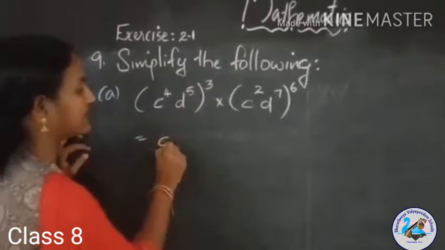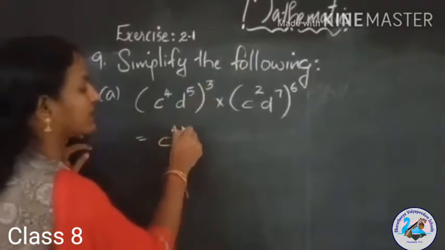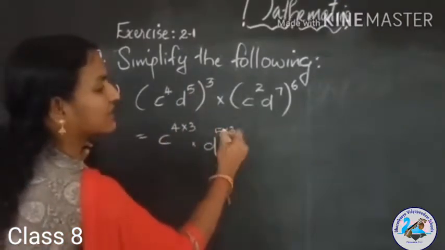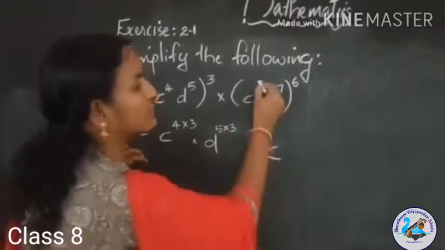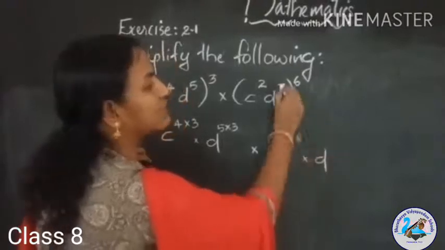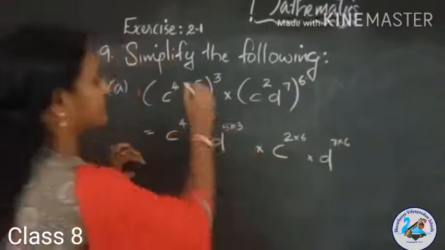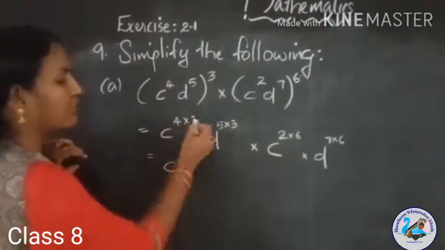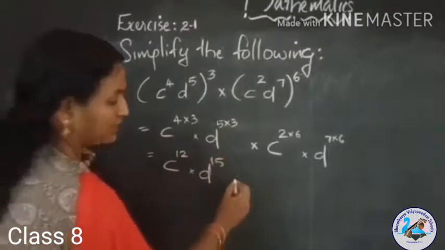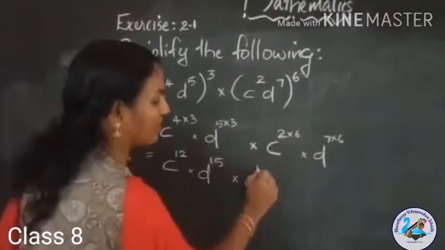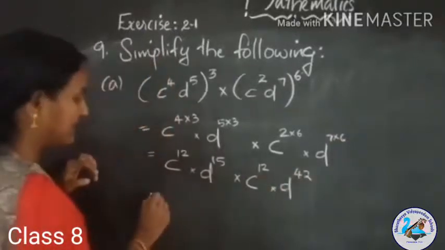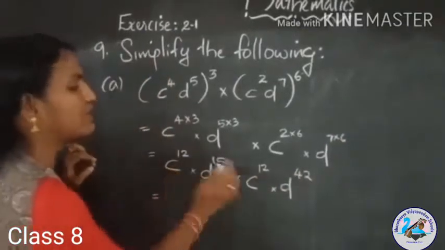So in the same way, c raised to 4 into 3, into d raised to 5 into 3, into c raised to 2 into 6, into d raised to 7 into 6, is equal to c raised to 12 into d raised to 15 into c raised to 12 into d raised to 42.